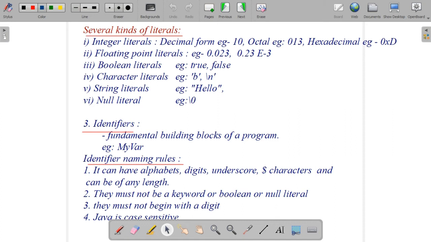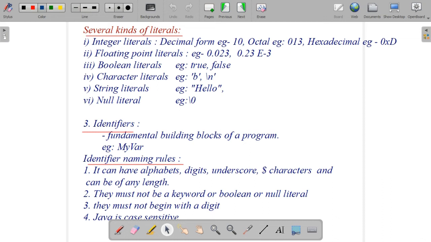Clear? So integer literal means that is the value, it has fixed data items. They are referred to as constants and their data items are fixed values. Different types of literals: the first one is integer literal, divided into three types: decimal integer, octal integer, hexadecimal.